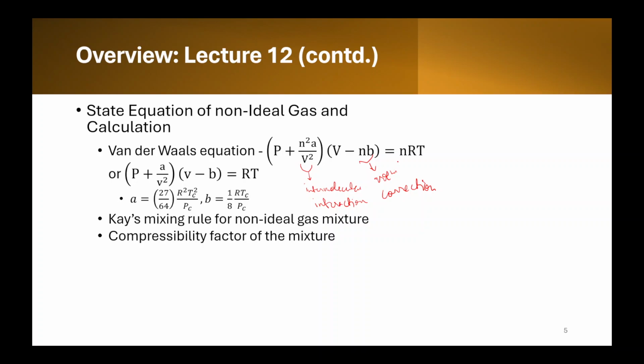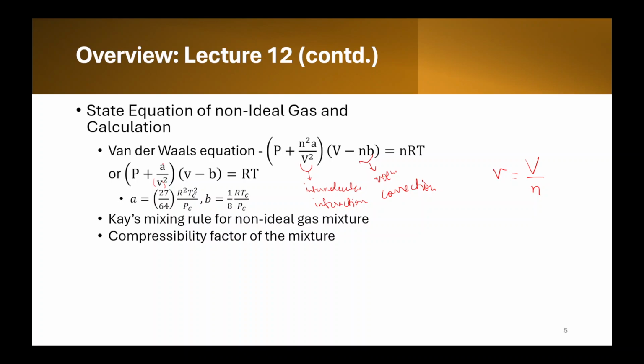This is another form of writing the van der Waals equation, where small v is basically molar volume. So small v is equal to capital V by number of moles.